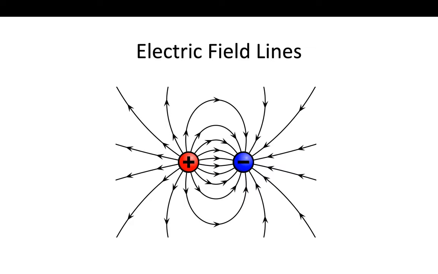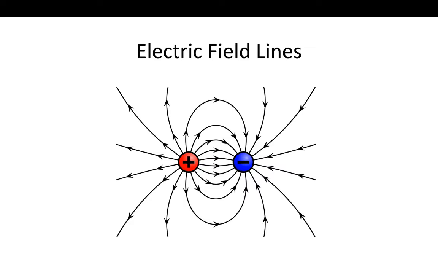Last time we studied some of the properties of electric field lines: they always start from the positive point and always end at infinity or at the negative point.